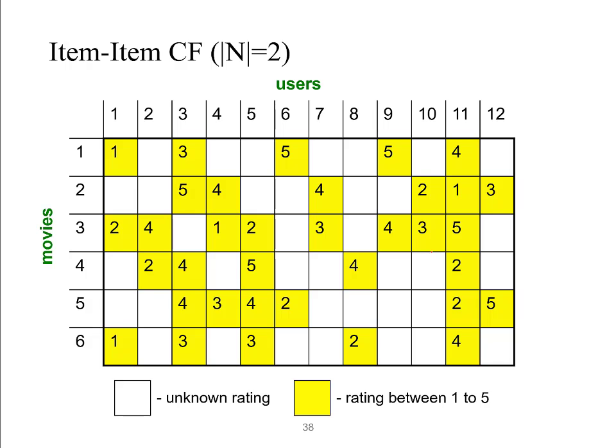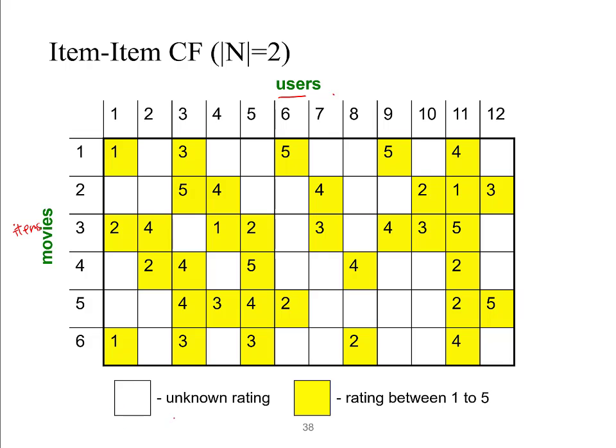Now let's look at this example, and we can do some computations. I will show you how to do this item-item collaborative filtering. Assume that these are the movies, or the items, and these are the users.